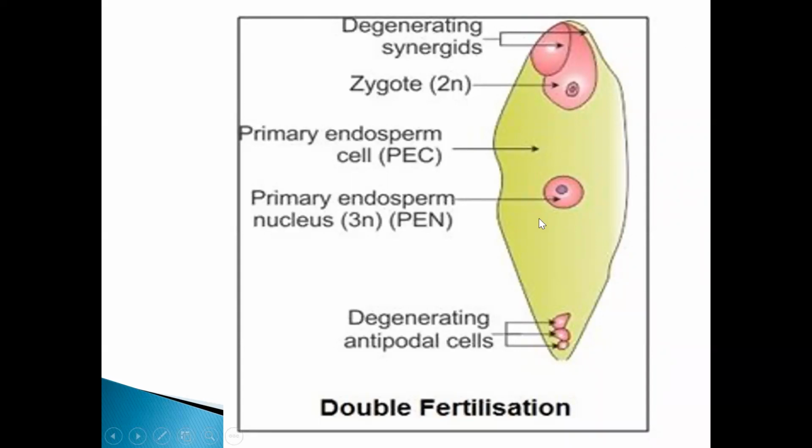This forms the triploid primary endosperm nucleus, which develops into endosperm tissue, the nourishing tissue of the developing embryo.